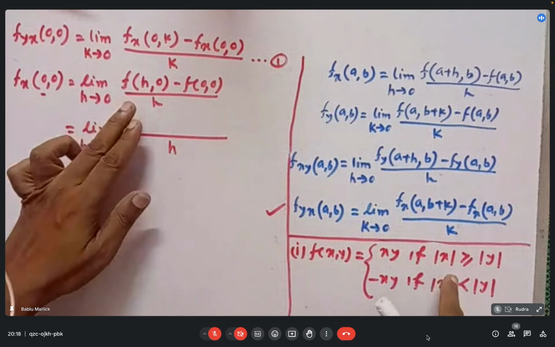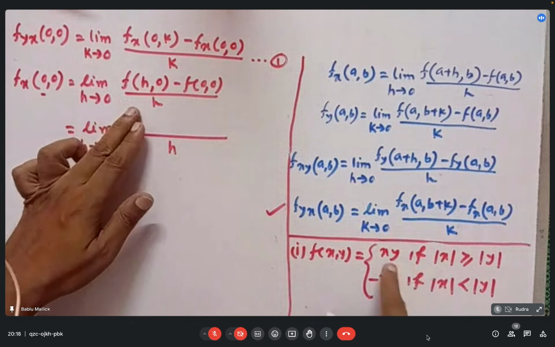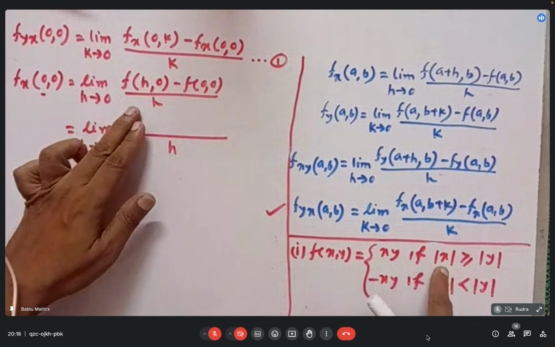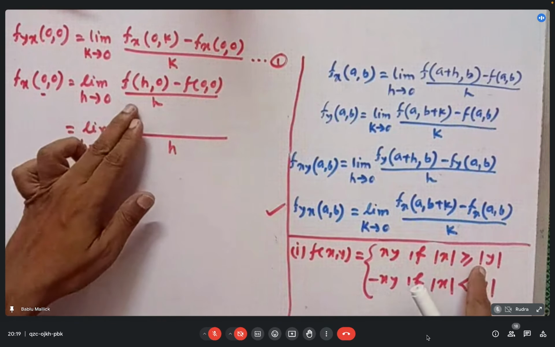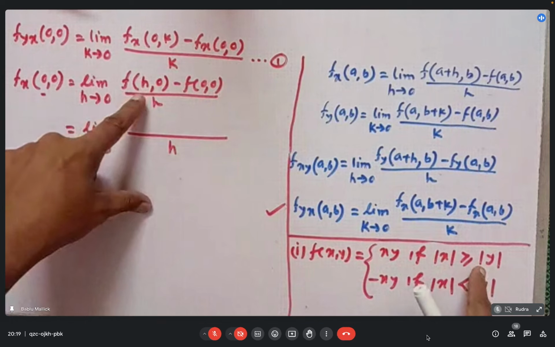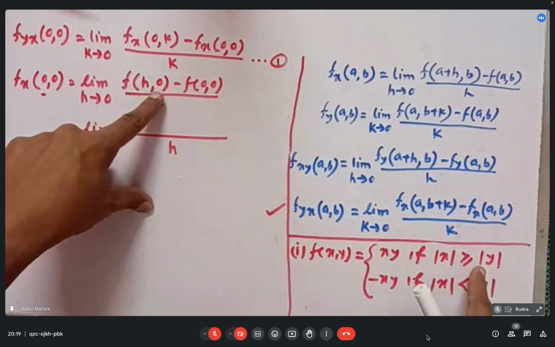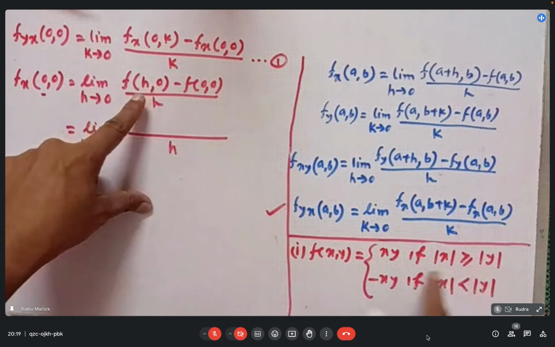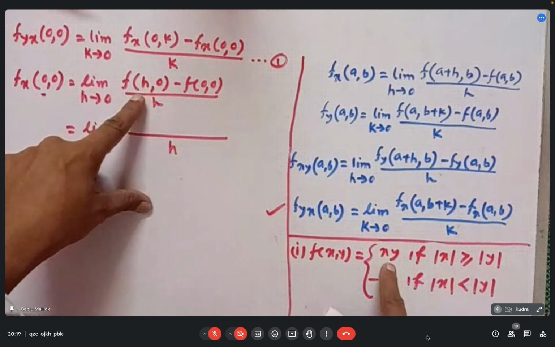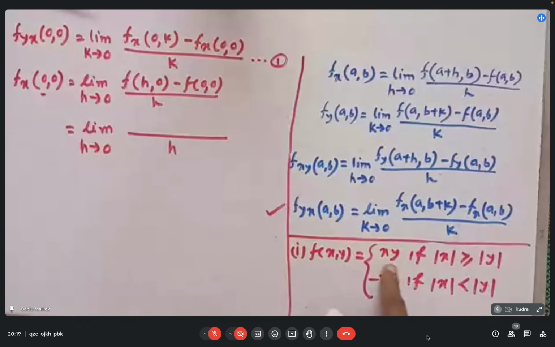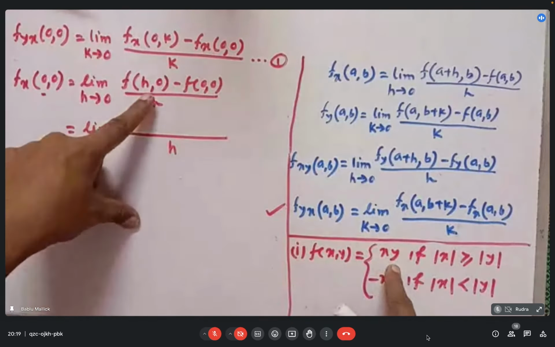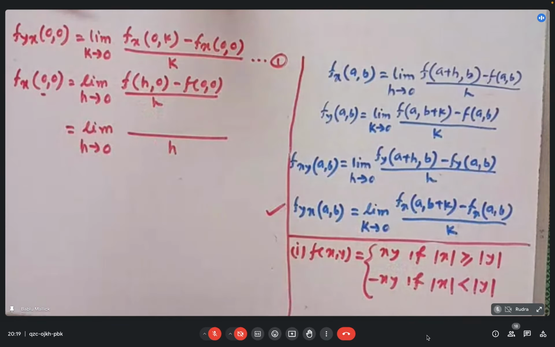I look at this function. We shall use the first part when the modulus of the x component is greater than or equal to the y component. Here the modulus of the x component is greater than the y component, so we shall use the first part, x into y. But in place of y, if I put 0, the value will become 0.